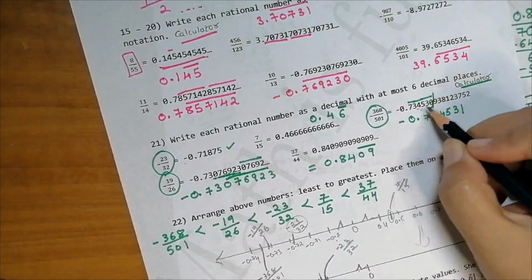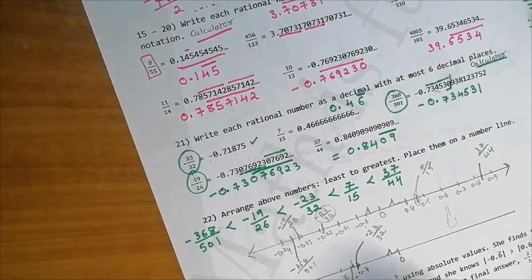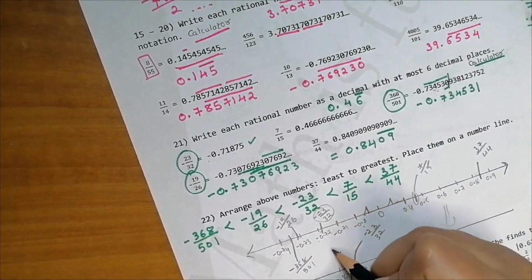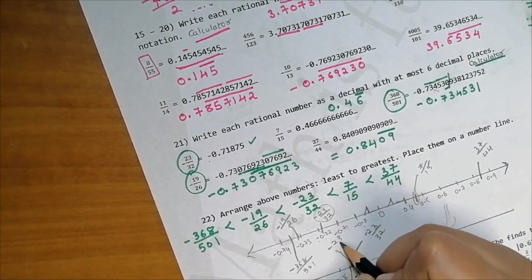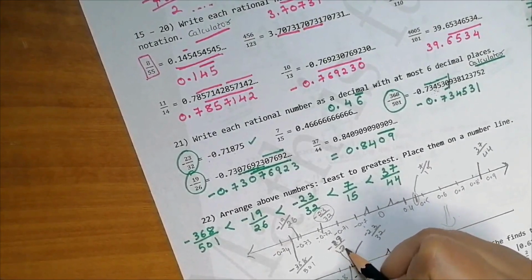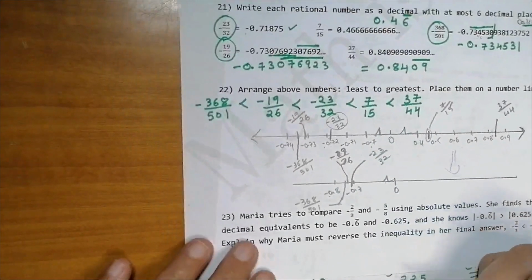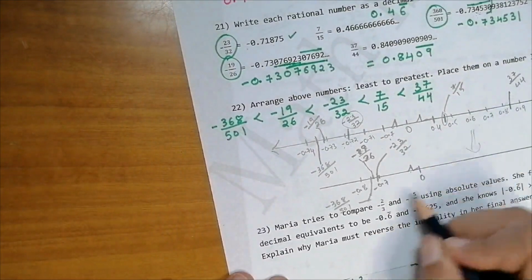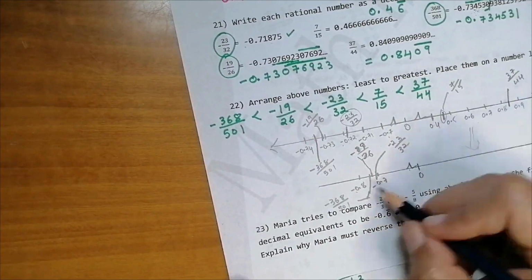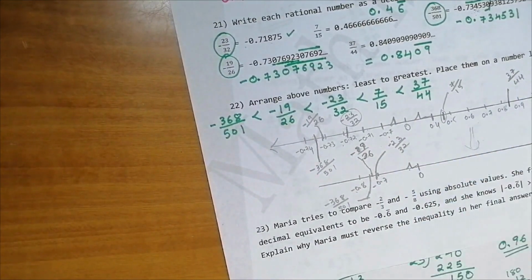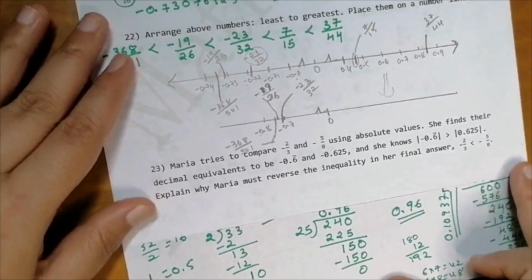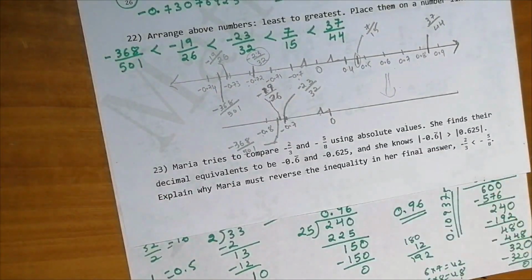Okay, so around 4, what I've taken is this, minus 368 over 501, and this one will be minus 19 over 26. Okay, so I'm keeping the scale same on positive and negative side. And this as it is, as I said. So either of the ways that makes sense for you, and whatever is allowed in your schools. Okay, so this is my scale over there.